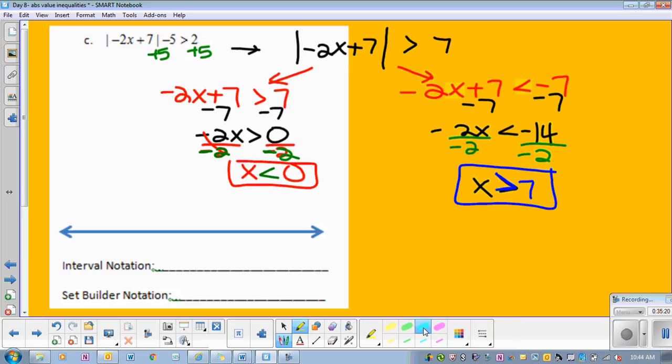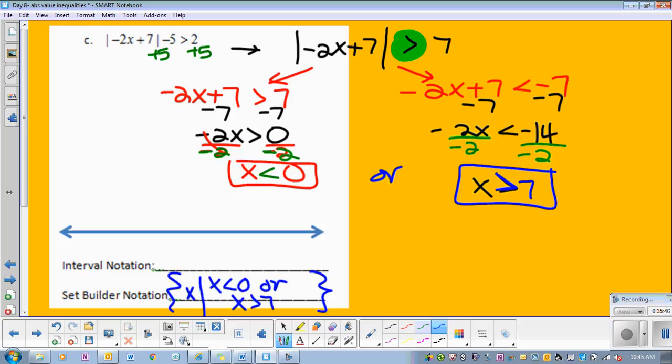Go back and look here, guys. What is that? Greater. An or. Yeah? So this should have the infinities, right? Okay, set builder notation. X bar, X is less than 0 or X is greater than 7.